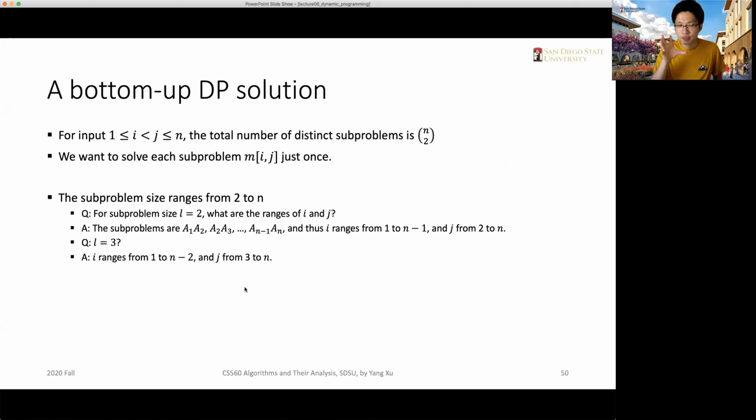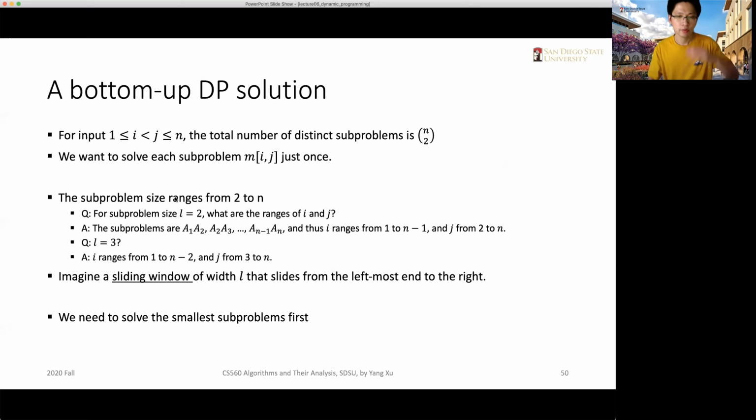And then, of course, we can see that I will range from 1 to N minus 2, and J will range from 3 to N. Okay, so we can use the size of the subproblem to decide the range of the left index and the right index. And we can use these quantities to help implement the algorithm because we want to solve the smallest subproblems first. Okay.